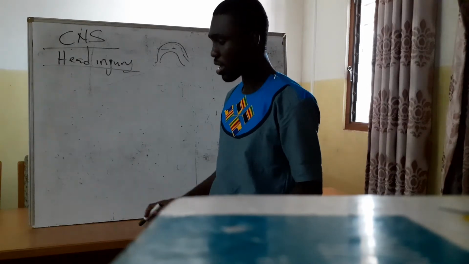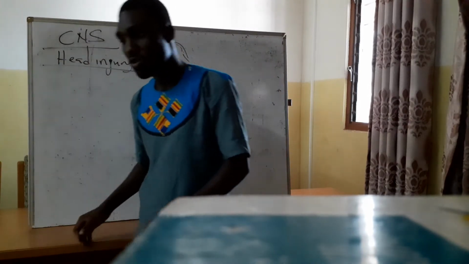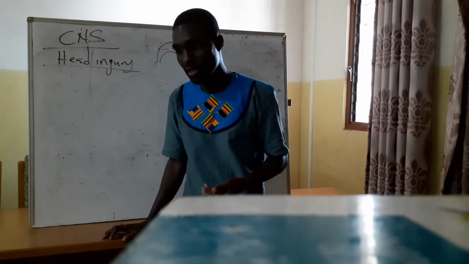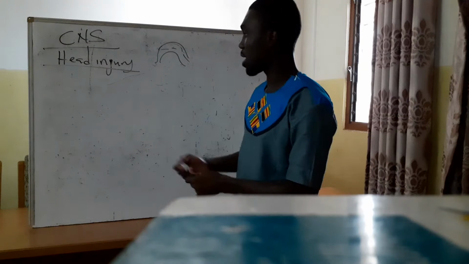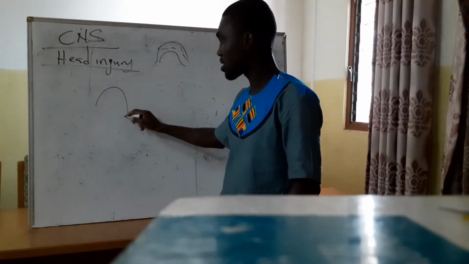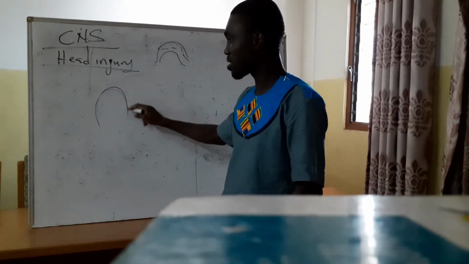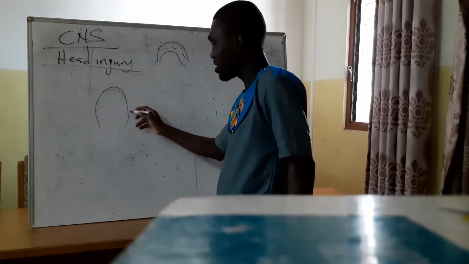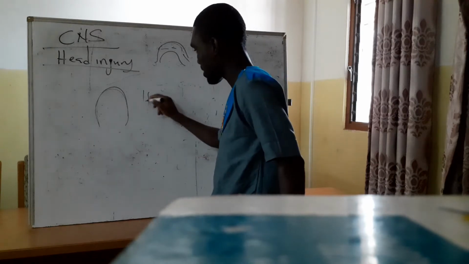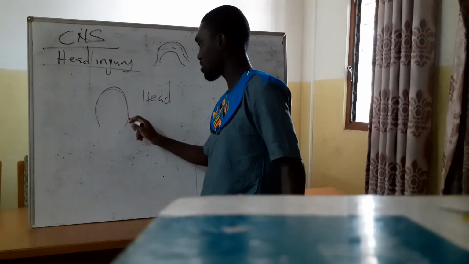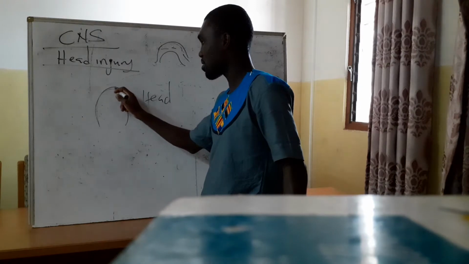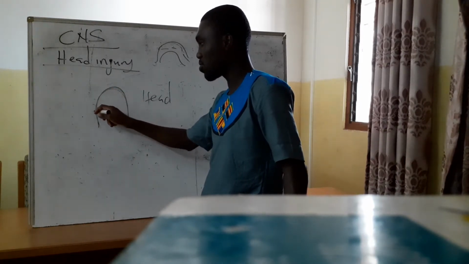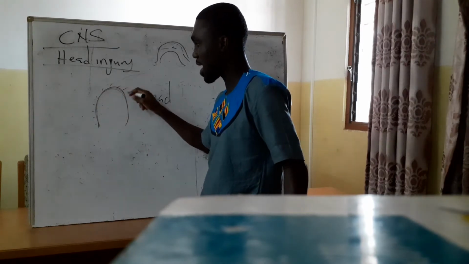Right, so if you talk about head injury, it refers to injury to the scalp or the brain, right? So let's say this is Michael's head, right? The head is covered with hair.